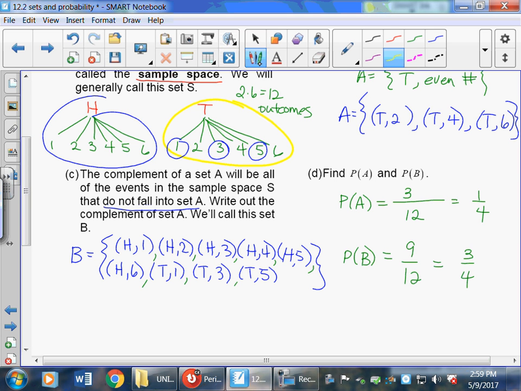Before we move on too much, I ask you to recognize what this is right here. P of A is the probability of A happening, and P of B is the probability of the complement happening. Sometimes if they ask us to find the complement, we say the complement of A is A prime, like this.